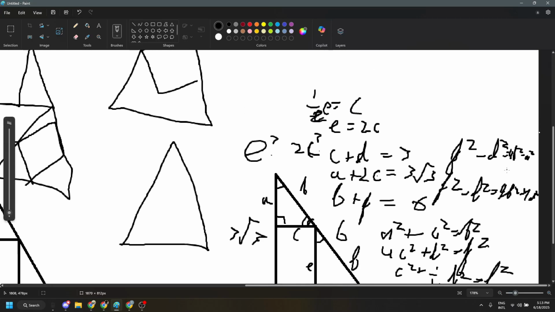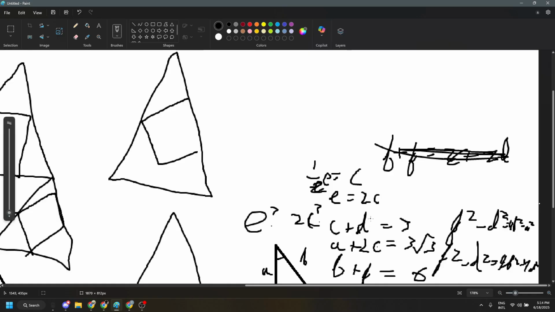We can also do here B plus F is equal to 2C plus 2D. Is that what we have here? Interesting. Why don't we isolate, what we could do is replace the variables here.